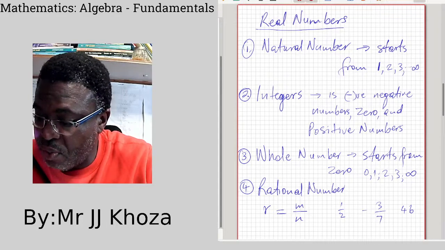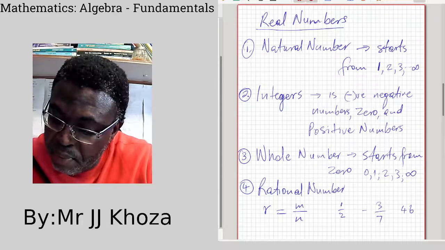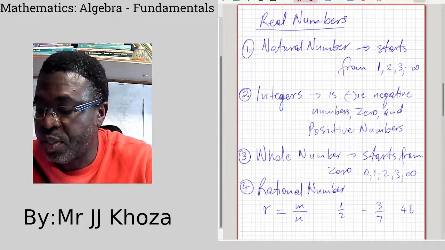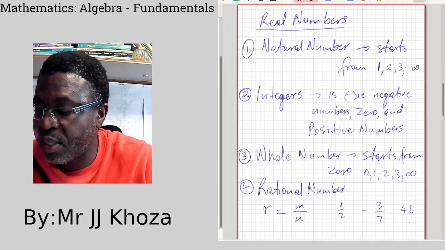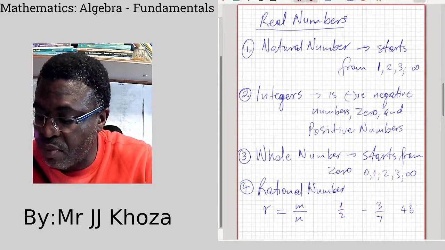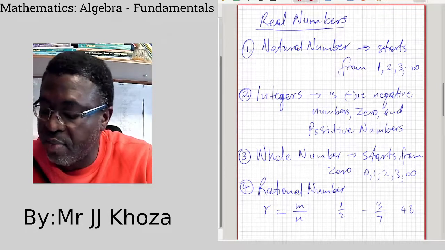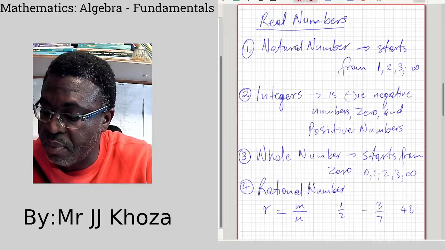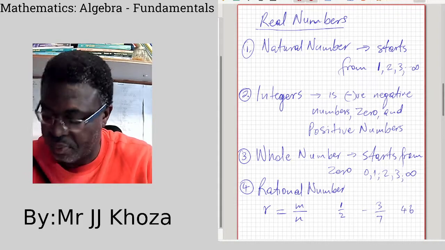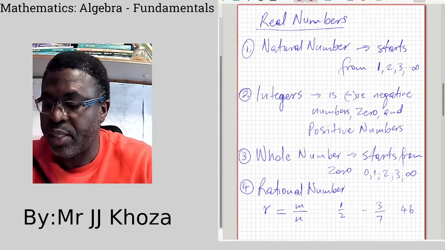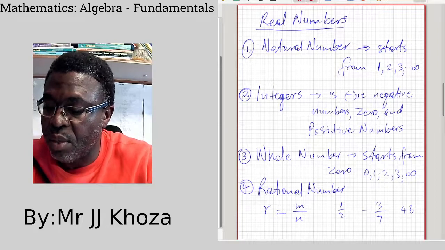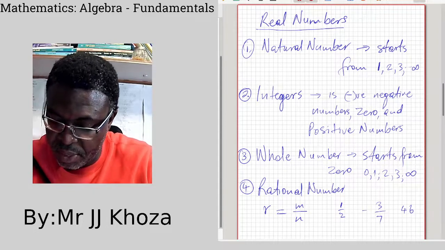Any number has a denominator; the denominator of this 46 is 1. So all numbers have numerators and denominators. That is why we talk about rational numbers, right?